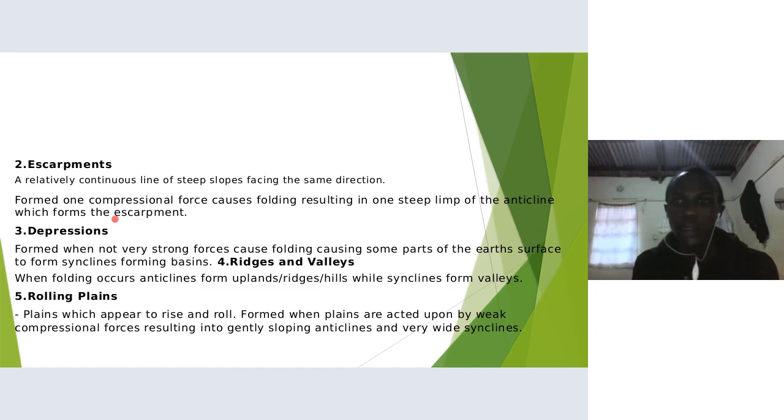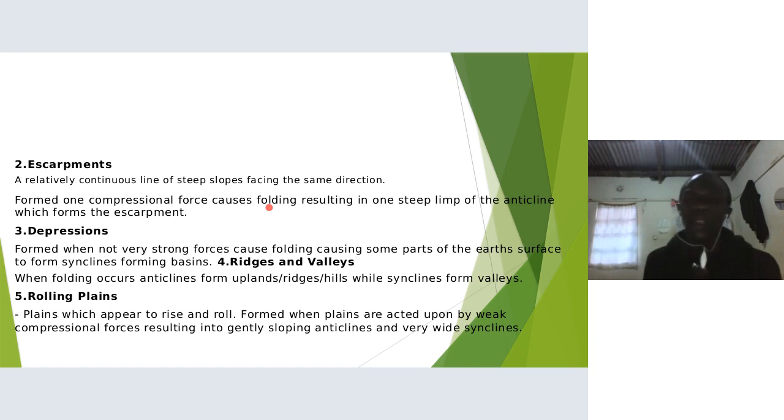Between these two slopes is the Rift Valley. It is formed by one compressional force causing folding, resulting in one steep limb of the anticline, which forms an escarpment.